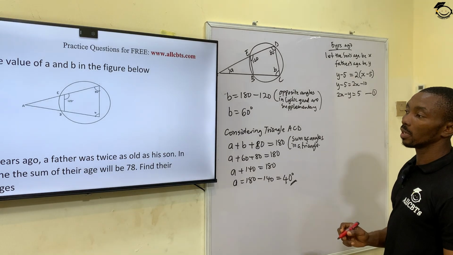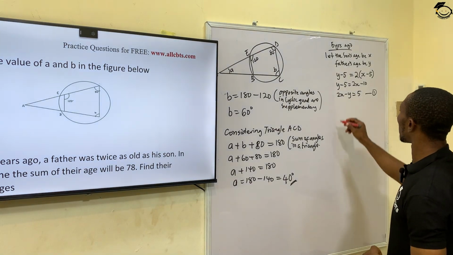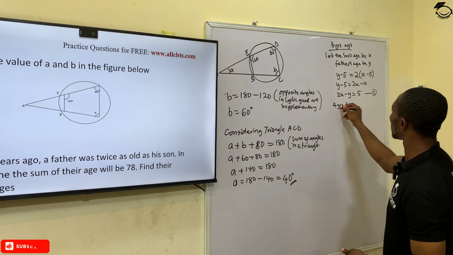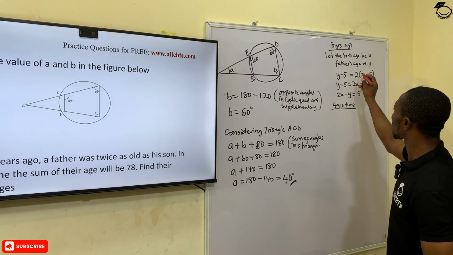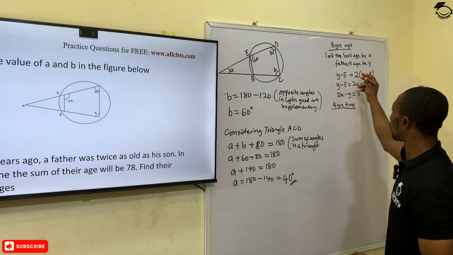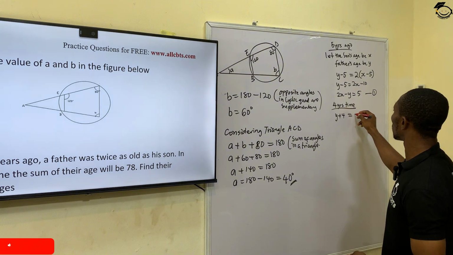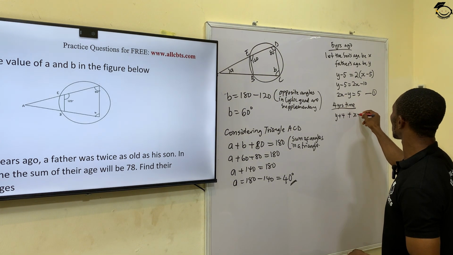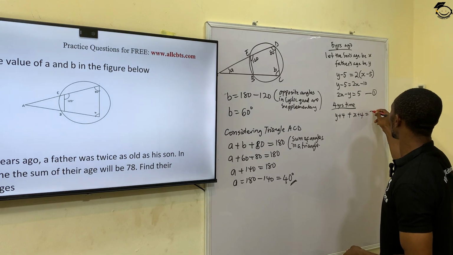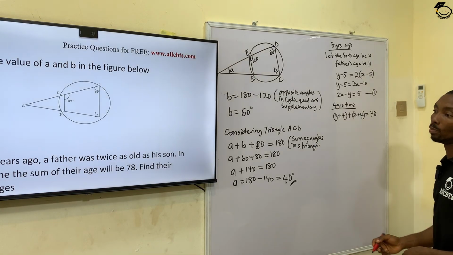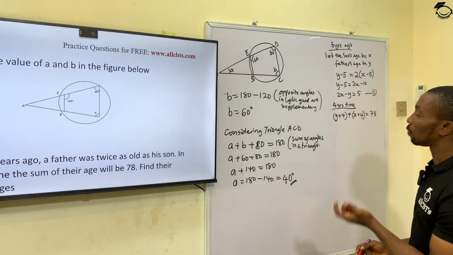Now, in 4 years' time, that is 4 years ahead, x, which is the son's age, and y, which is the father's age, will be y plus 4 plus x plus 4 equals 78, since they say the sum of their ages would be 78 in 4 years' time.